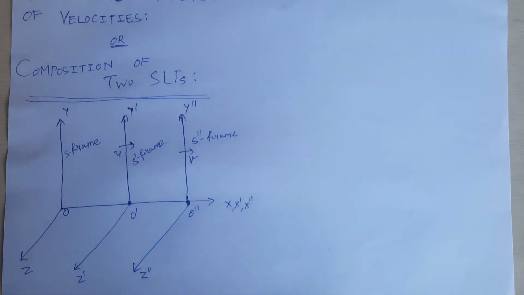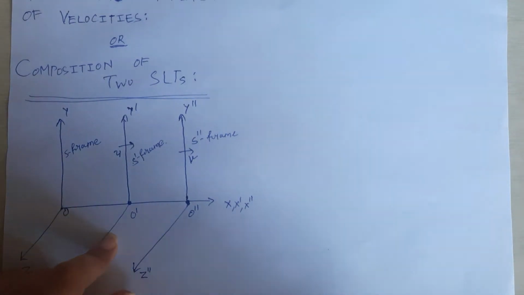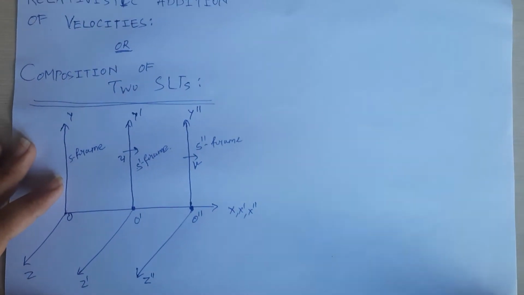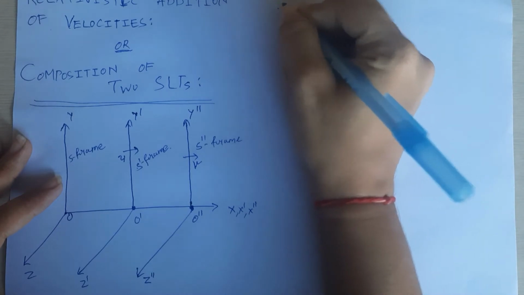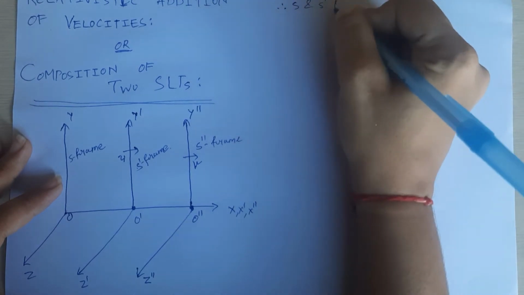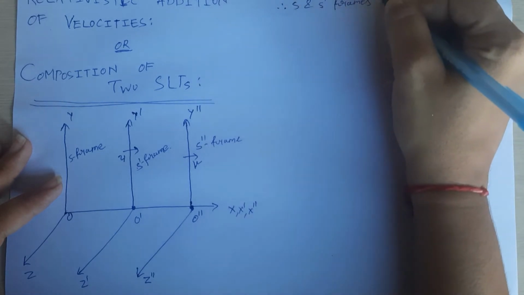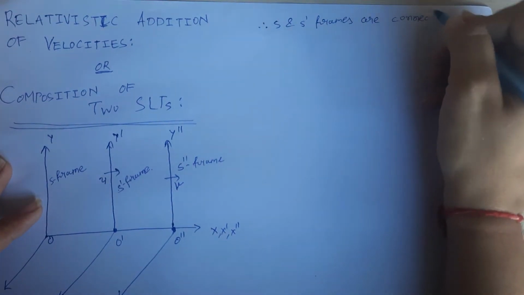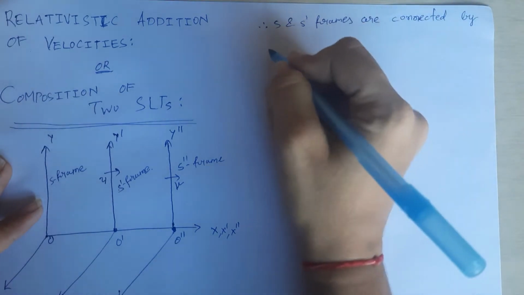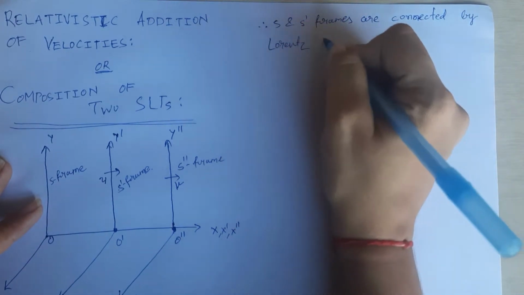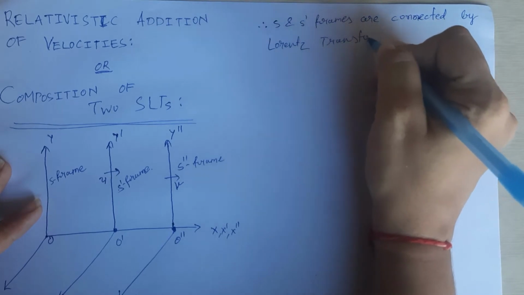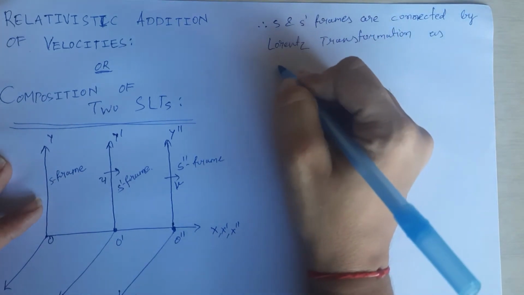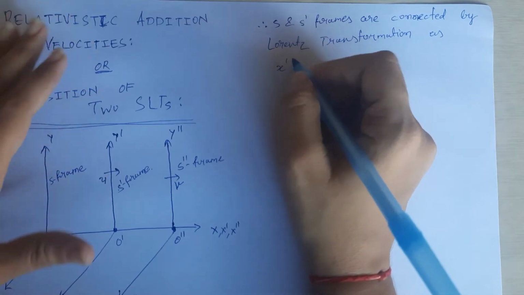Therefore, the frames S and S dash are connected by Lorentz transformation, which is given by the relation between x dash and x.